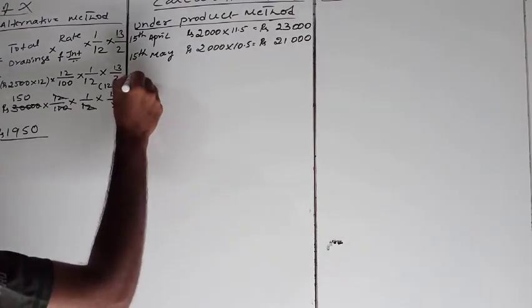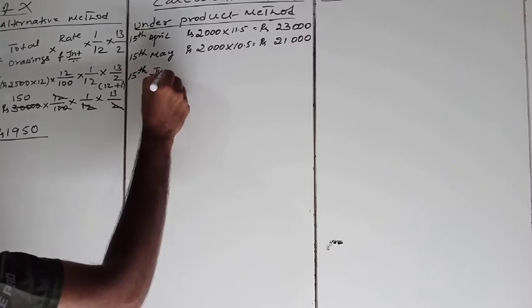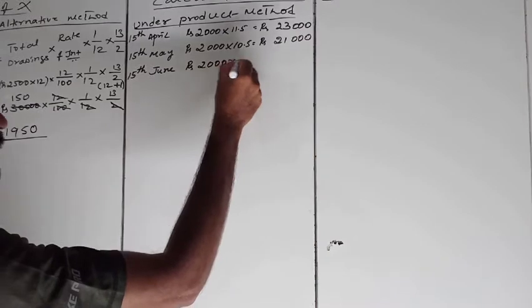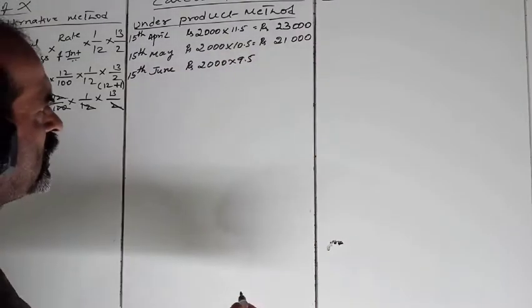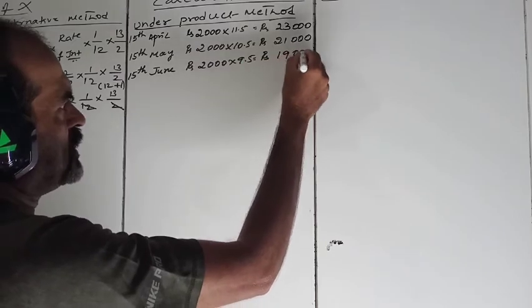The next withdrawal, 15th June, rupees 2000 for 9.5 months, the total product comes to rupees 19,000.